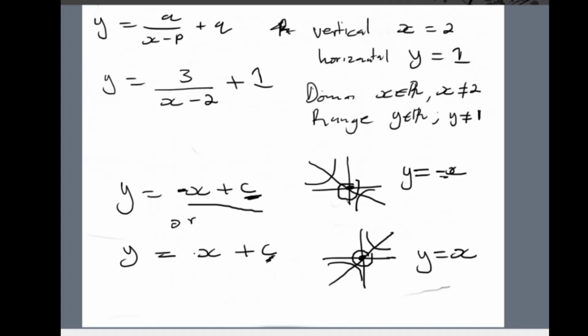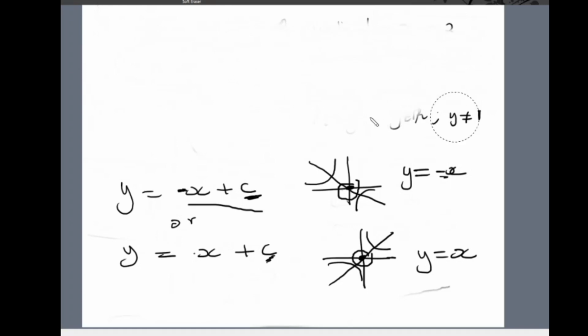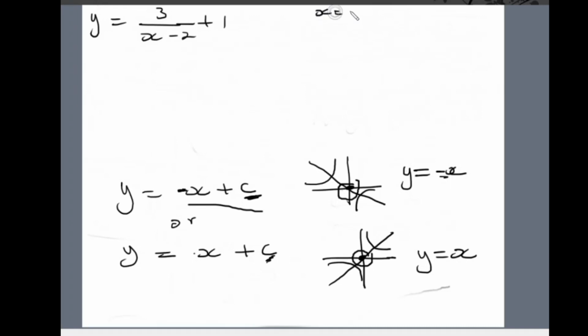But then for the other forms, let's say for the form y equals 3 over x minus 2 plus 1, your asymptotes will be, the vertical one will be x equals minus 2, and the horizontal one is y equals 1.